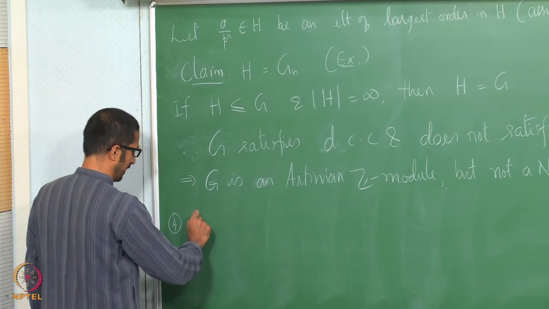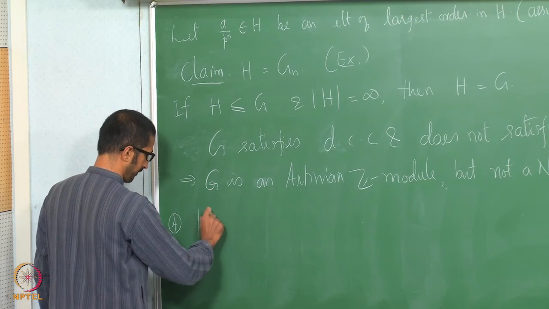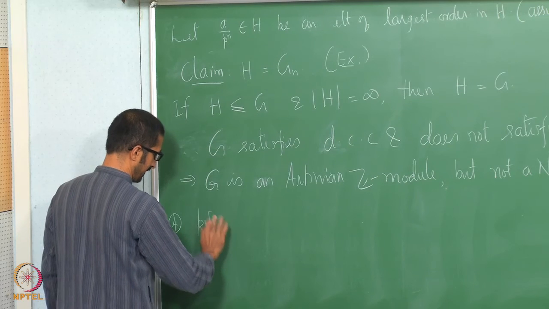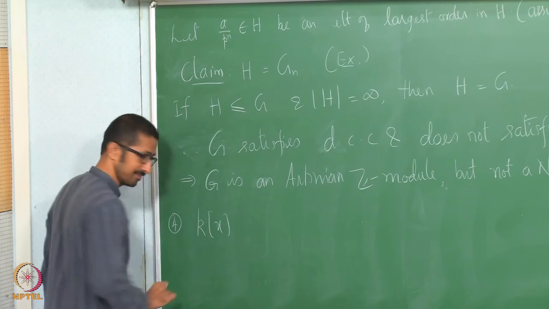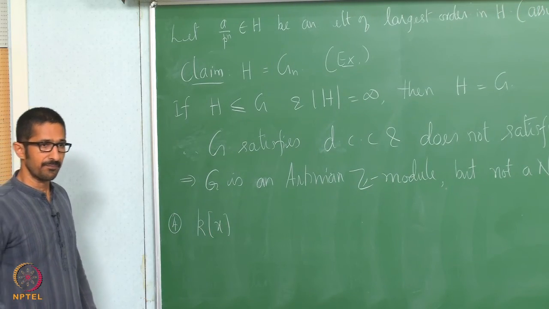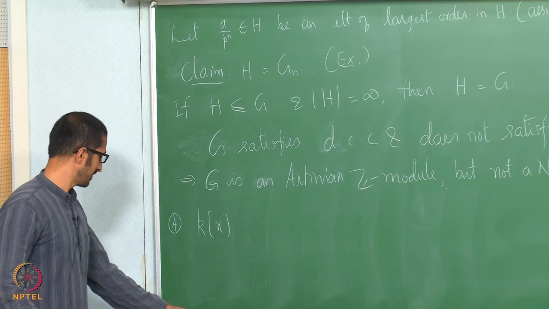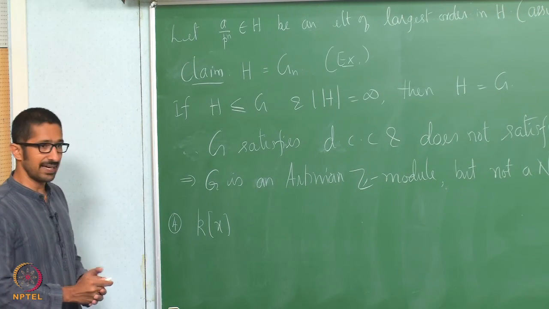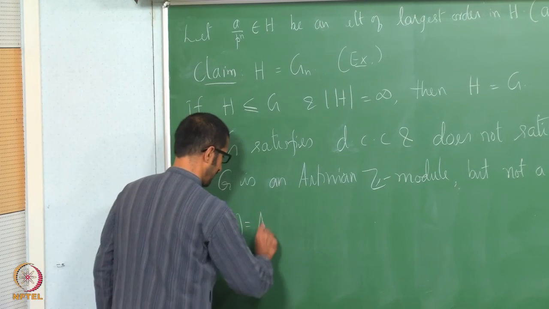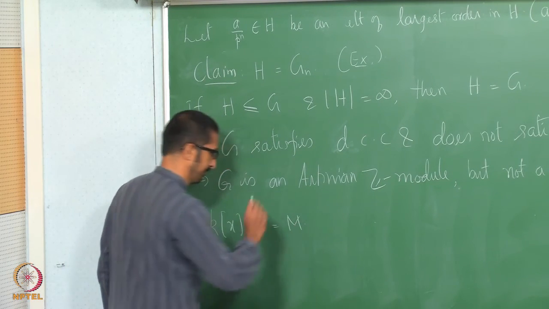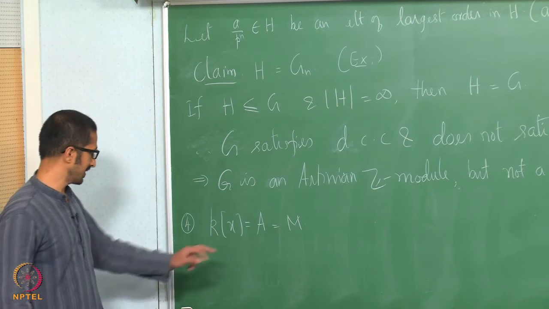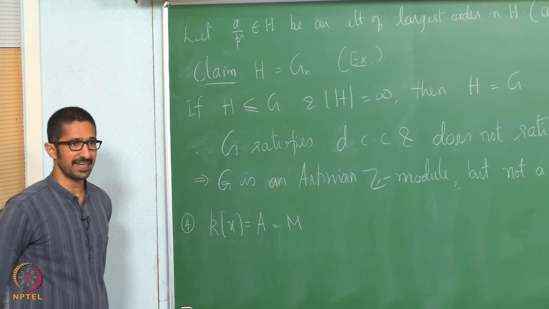Now, if I take K x, what are the submodules of K x? So, this is A equal to M. What are A submodules of K x?